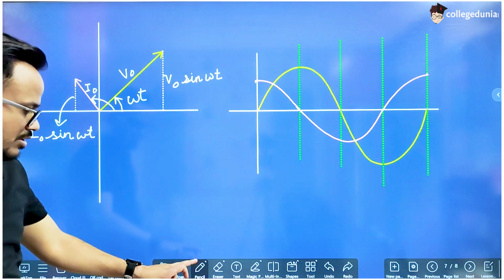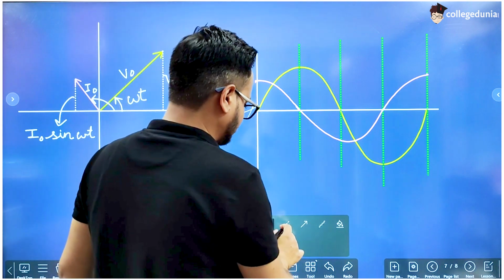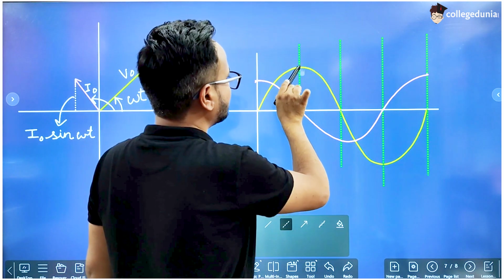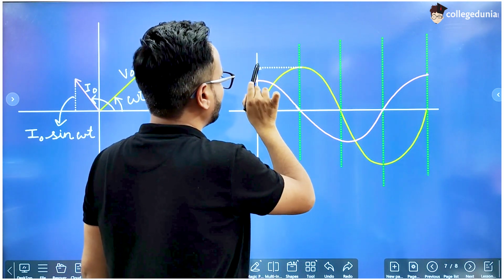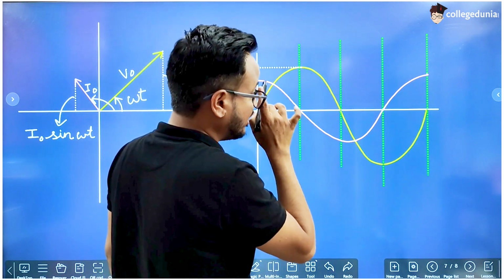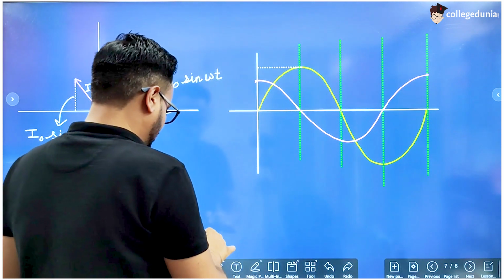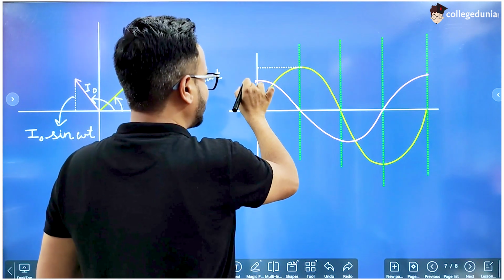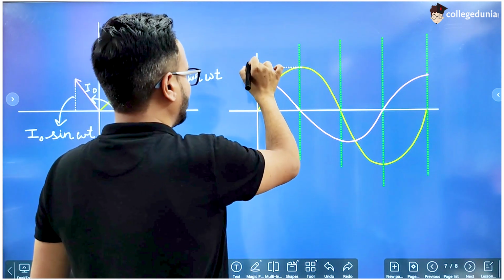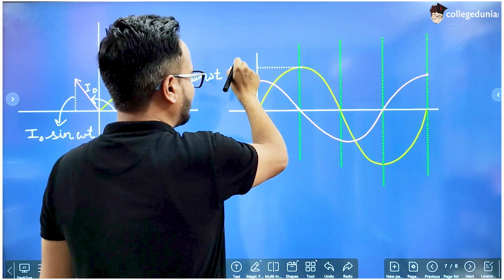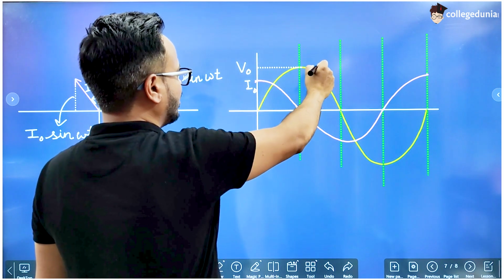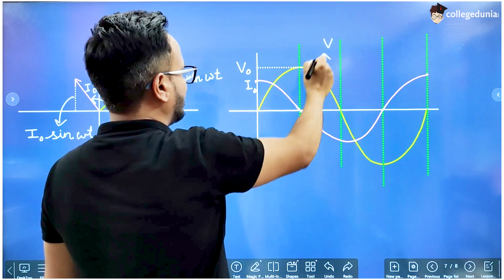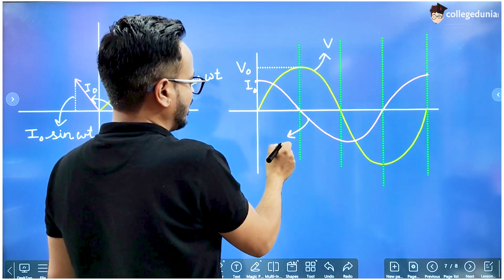Right? So this is the peak value of the voltage, and this is the peak value of the current. So this is I naught, and this is your V naught, and this is V, and this is I.